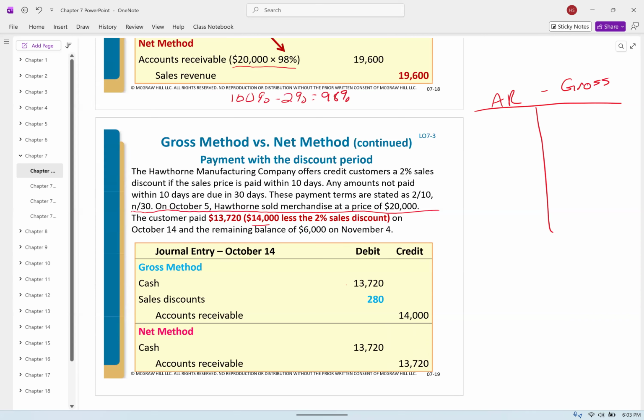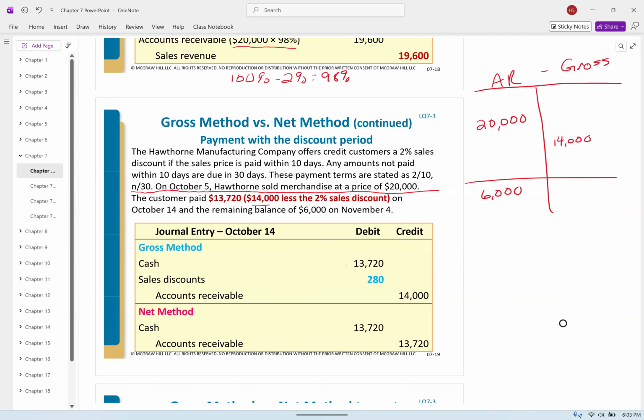We debited accounts receivable for 20,000, and then they paid us 14,000 of it, or 14,000 minus the 2%. So we will credit the 14,000 here to give us 6,000 in the accounts receivable.